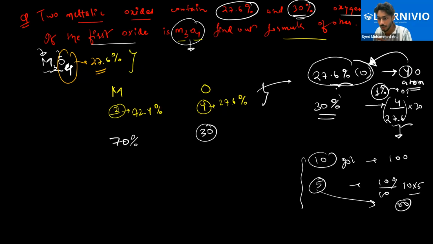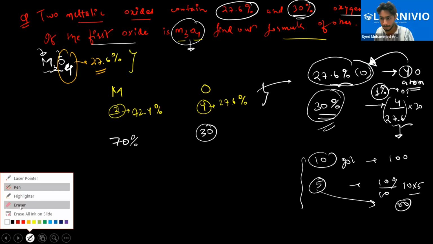But if I need to know in 30 percentage how many oxygen atoms are there, I first need to know the amount for one oxygen, then multiply by 30. Are you getting my point or not? Yes, sir. If there is any issue, you can ask me at that point, I'll explain to you.